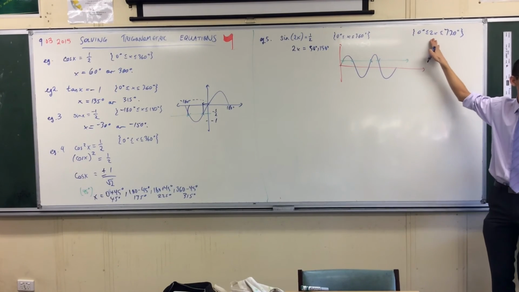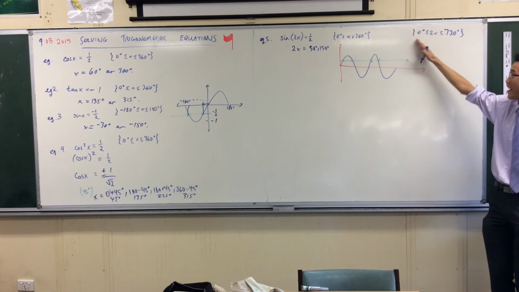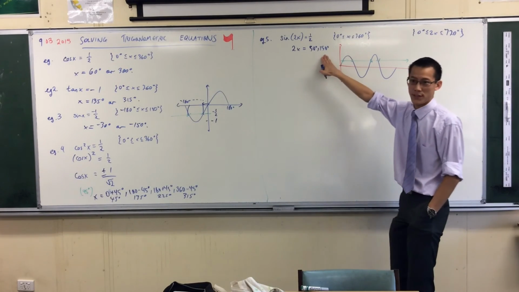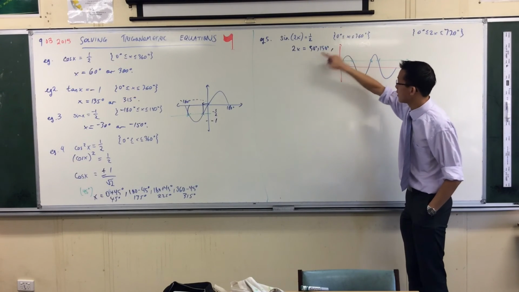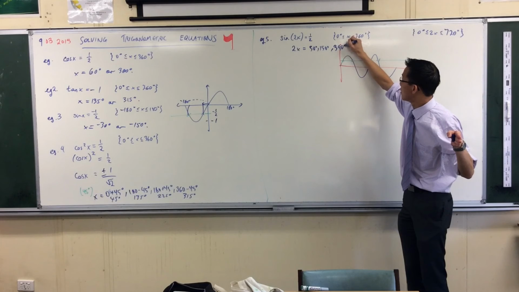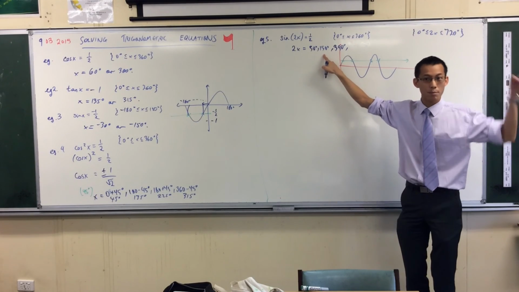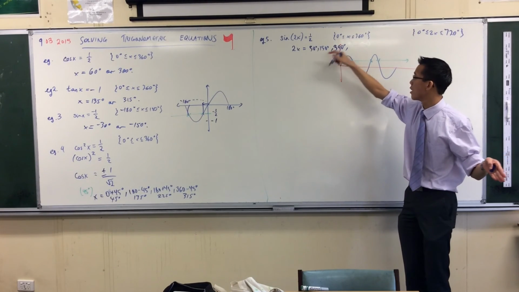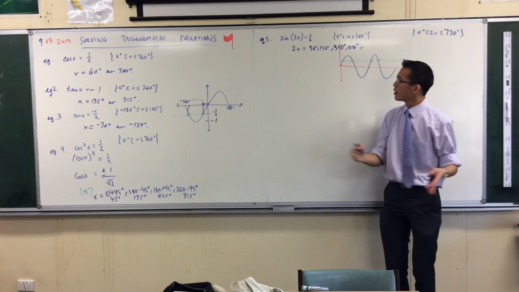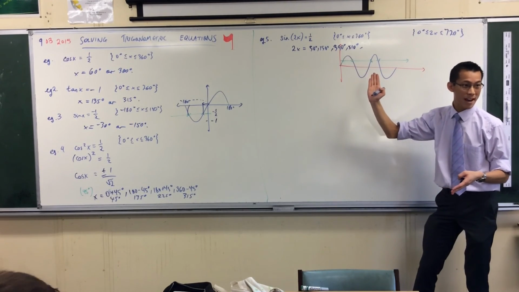But because I've got 2x there, I can actually go further, right? So what would my next solution after 150 be? It'll be this plus 360. And then it'll be this also plus 360, right? Which is 510. There you go. Okay. That's 2x equals, right?